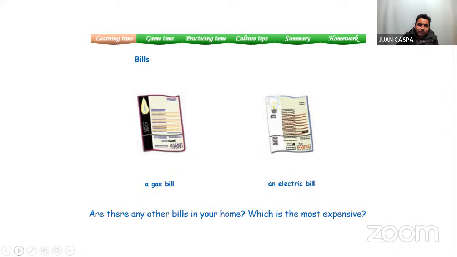Well, this is interesting when we say bill, like factura, right? But no, this is not about that. This is about gas. This is about electricity, right? Electricity bills. Usually the very common question is gas bill and electric bill, right? Who pays the bill at home?